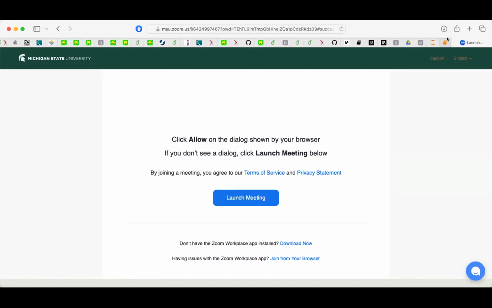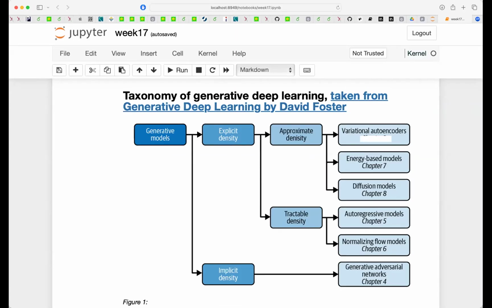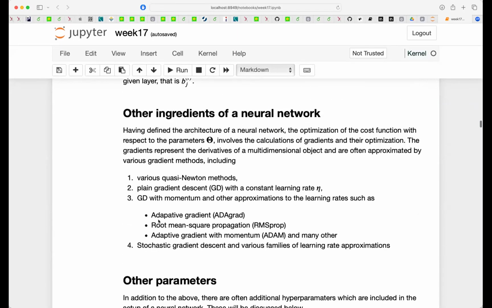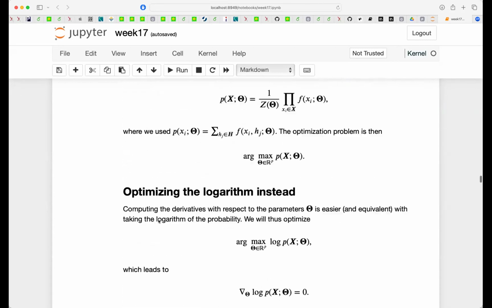Let me just find my proper one here. There we have it. So let's switch to the Jupyter notebook because there are some equations which are easier to see in the notebook than in the slides there.